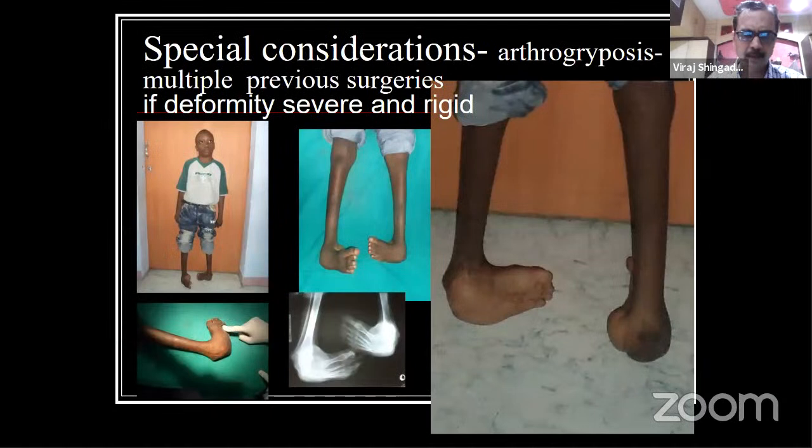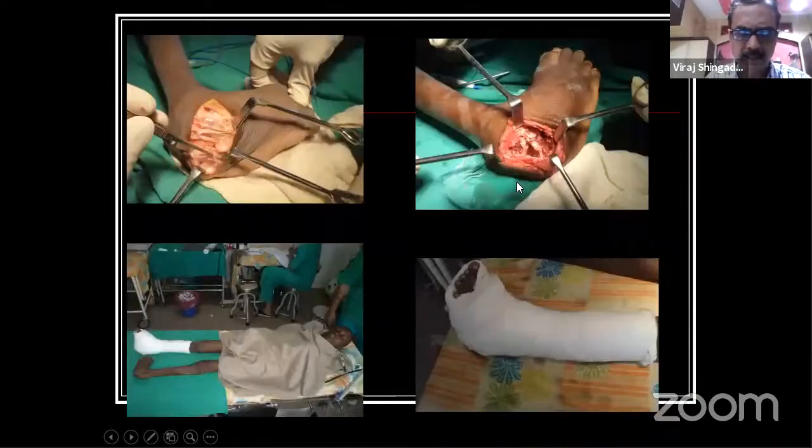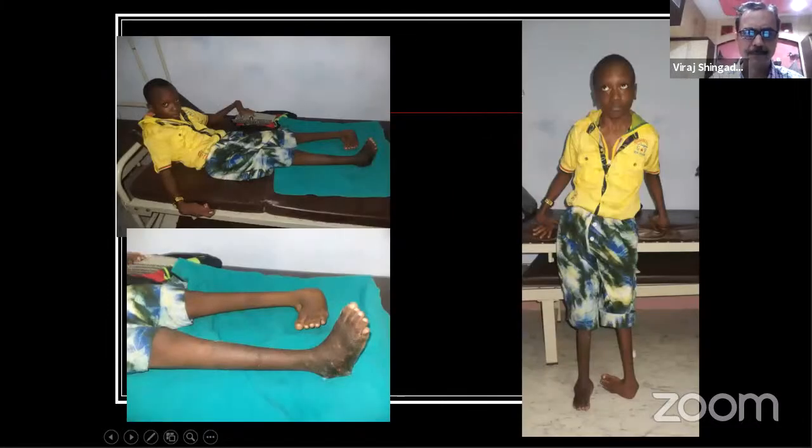This is another example of the same technique. This child has come from Nigeria. He has undergone almost 6 surgeries in the past, including the posterior release, ILLRS and all, and a very rigid and stiff foot. So these are the cases where we can extend our wedge to a little more area. Sometimes, very rarely if required, we can extend up to the metatarsal as well.